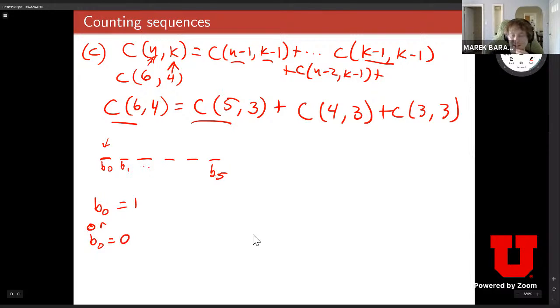So if bit 0 equals 1, how many ways for this to happen? Does anyone have an idea? I'm saying that I have the string 1, and then 5 bits after it. Yeah, so this is just choose 5, 3, because we have 5 blank spots and we already took a 1 away.